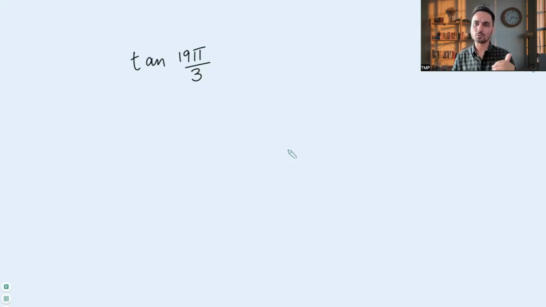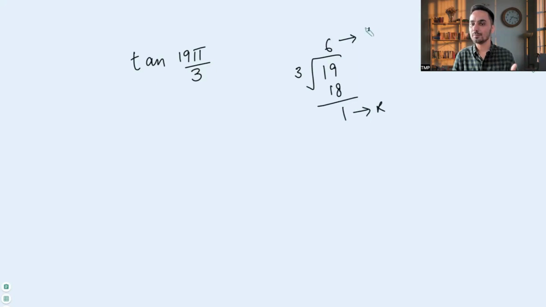So you have 19 pi over 3. Whenever you are given with such situations, what we do is we divide the numerator, the given number, by the denominator, whatever number it is. So I divide 19 by 3, we'll get 6 as quotient and 1 as the remainder.